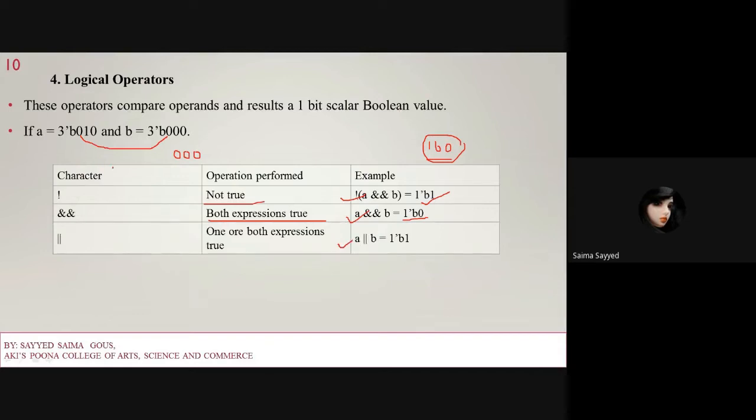So A or B. Here 0 with 0 gives you 0 plus 0 will give you 0, 1 plus 0 will give you 1, and 0 plus 0 will give you 0. Here 1, here not all bits are 0. So here it will become 1. So this statement is true.